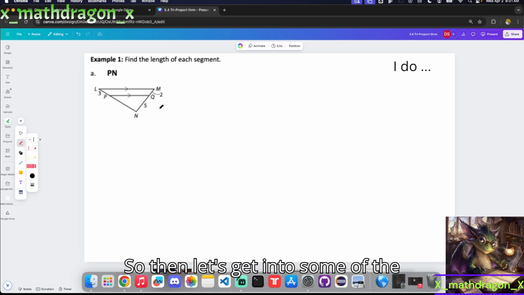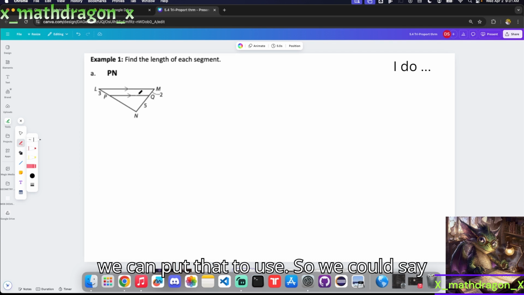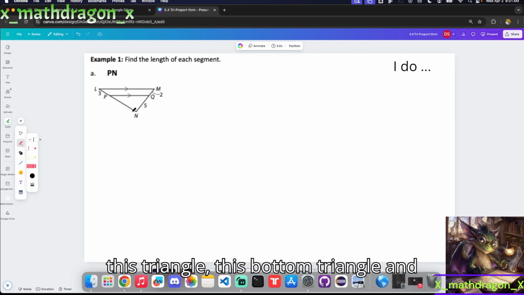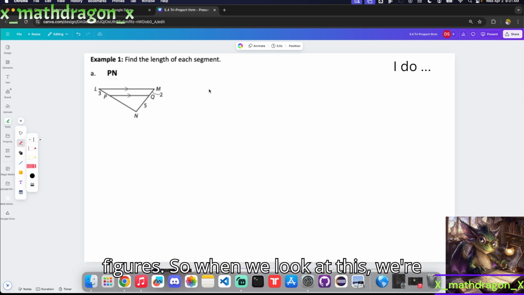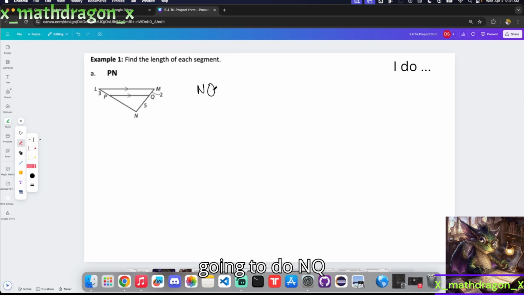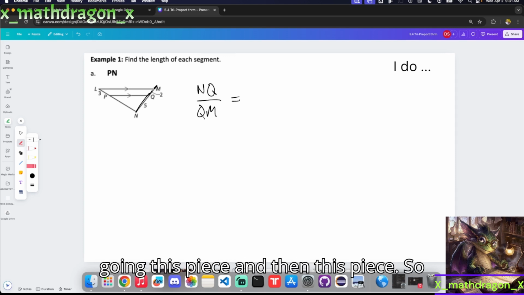So then let's get into some of the practice with this. So once again, we can put that to use. So we could say this bottom triangle and the big triangle, those are similar figures. So when we look at this, we're going to do NQ to QM. So I'm going this piece and then this piece.